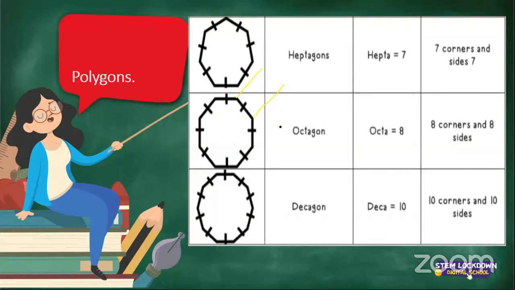So it's 1 line, 2 lines, 3, 4, 5, 6, 7, 8. So it's 8 lines extending out to meet the other flat shape. So it's 8 plus 8 plus 8 gives you 24 lines. So that's how you can calculate your sides for a 3D shape.